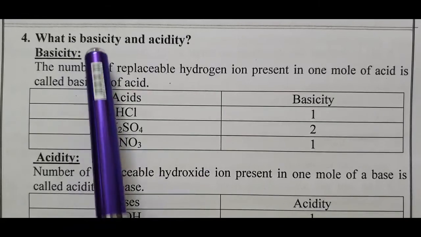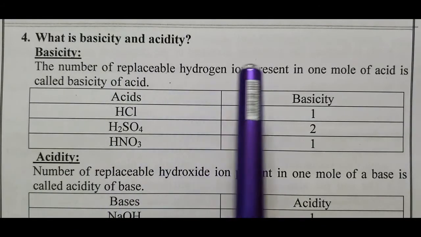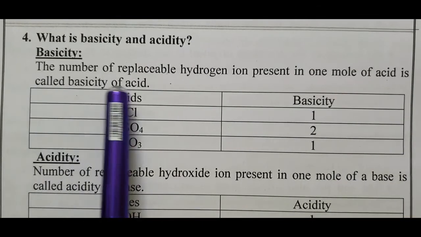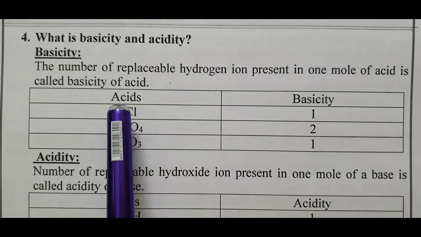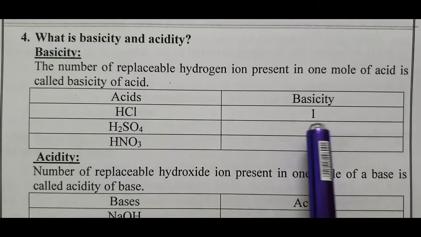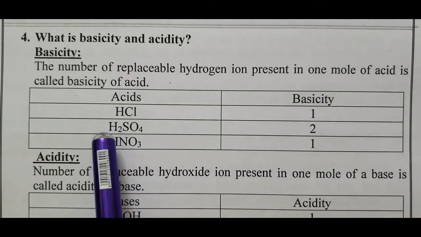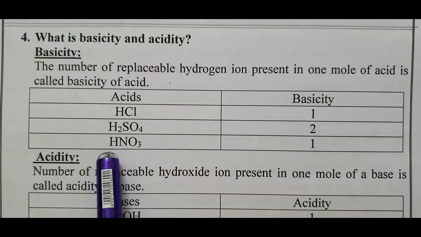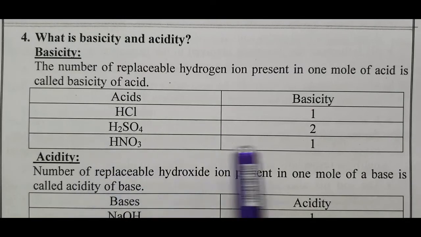Come to the basicity. The number of replaceable hydrogen ions present in 1 mole of an acid is called the basicity of the acid. Hydrochloric acid contains only one replaceable H+ ion, therefore basicity 1. Sulfuric acid contains 2 replaceable H+ ions, therefore the basicity is 2. Nitric acid contains only one replaceable hydrogen ion, therefore the basicity is 1.